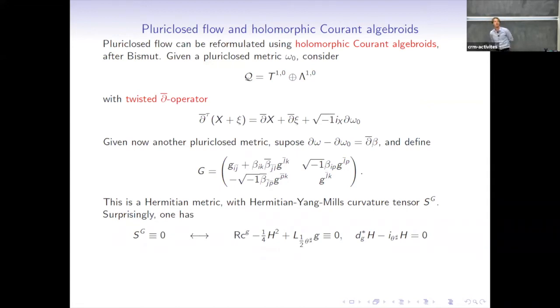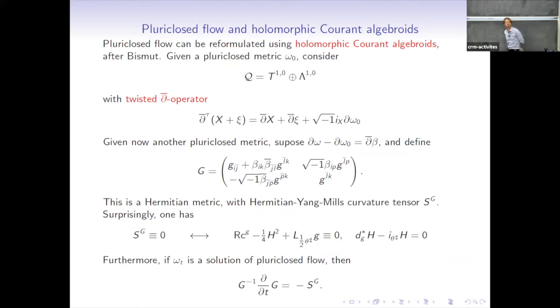And not only that, the metric solves pluriclosed flow, which in turn induces an equation for the 2-0 form beta. You can attach an evolution for beta as well. And once you do that, this generalized Hermitian metric capital G is basically evolving by Hermitian Yang-Mills flow.